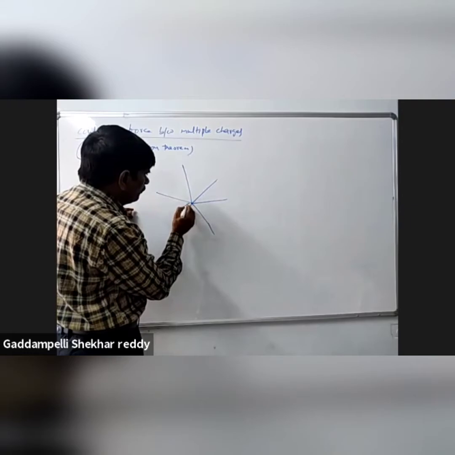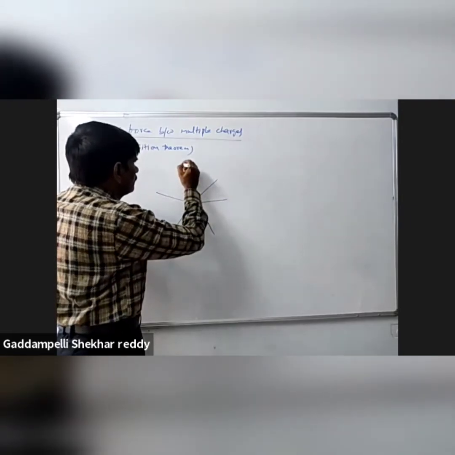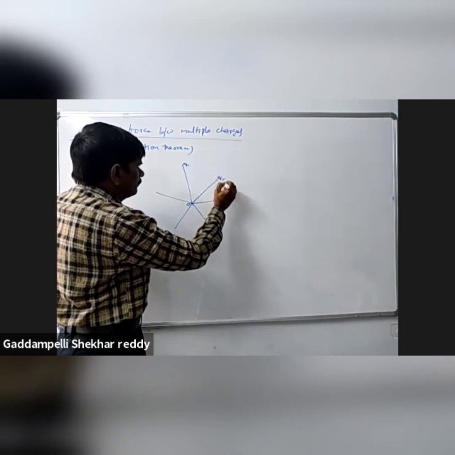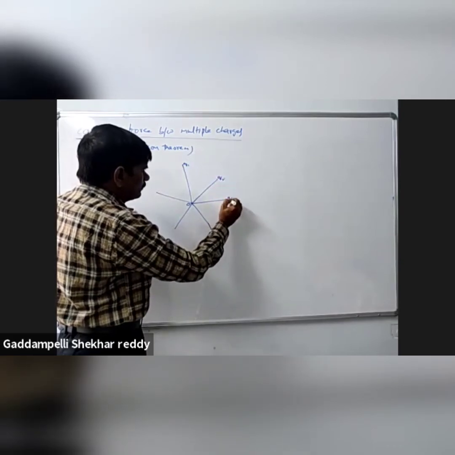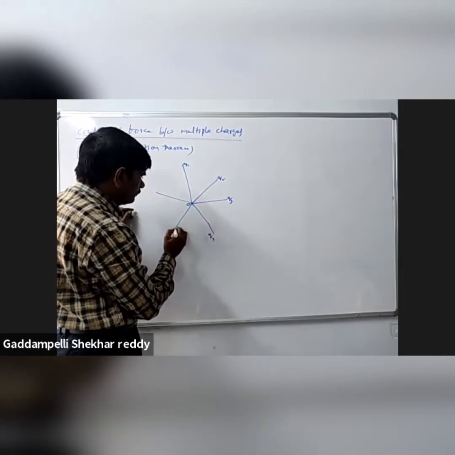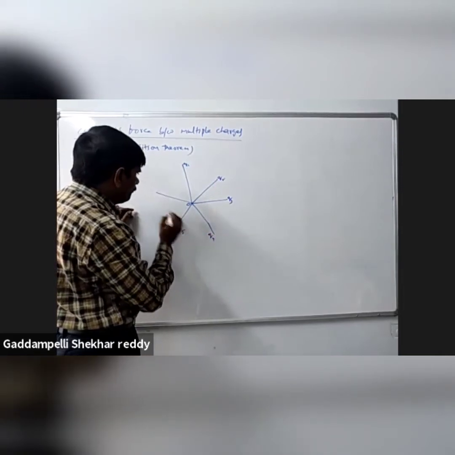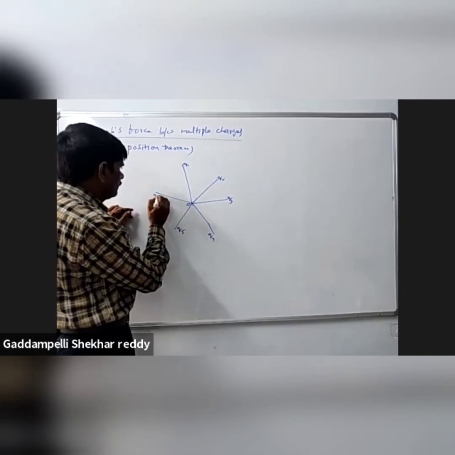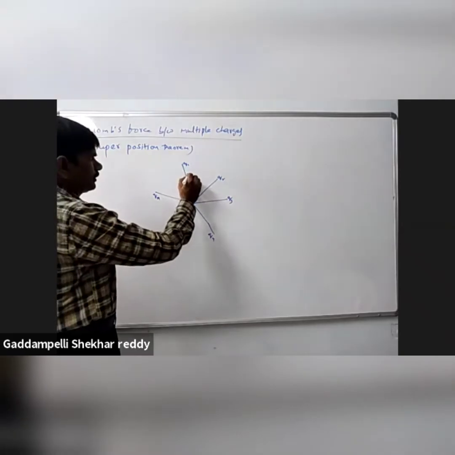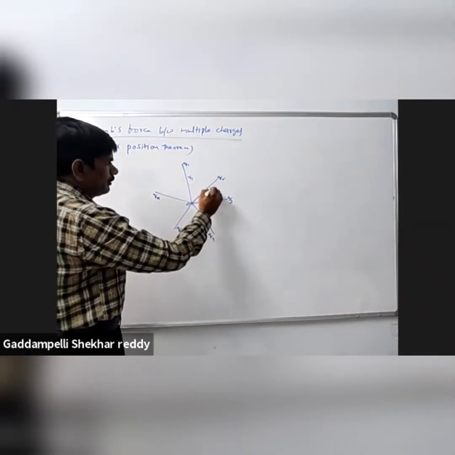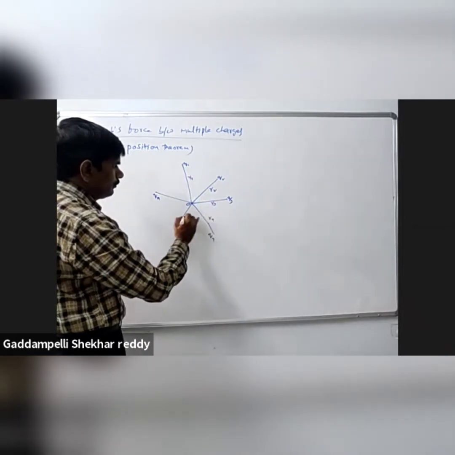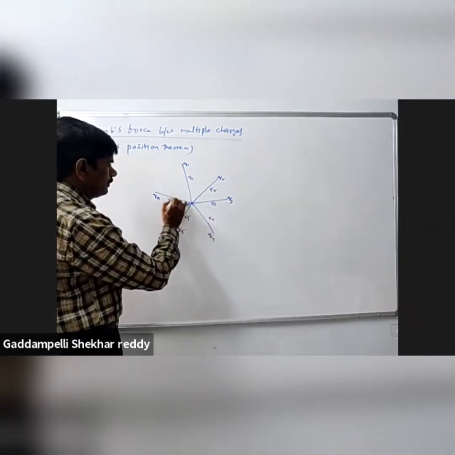Like this is point O. We have one charge Q1, Q2, Q3, Q4, Q5, Qn. This is like R1, R2, R3, R4, R5, Rn.